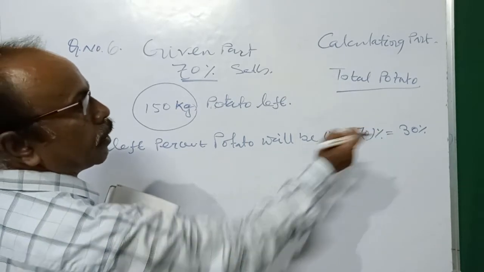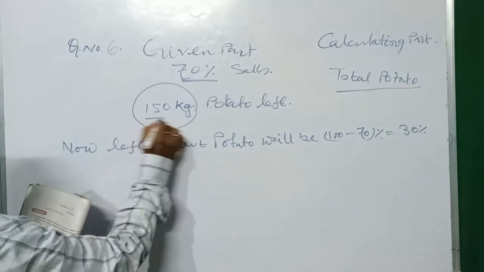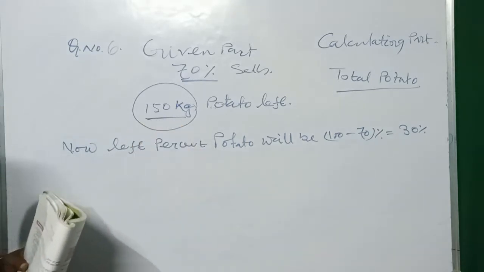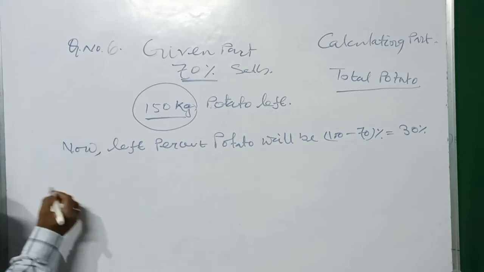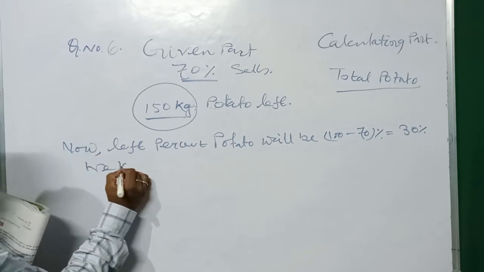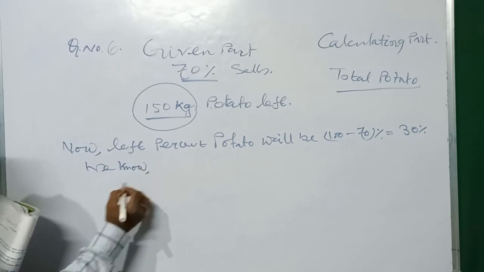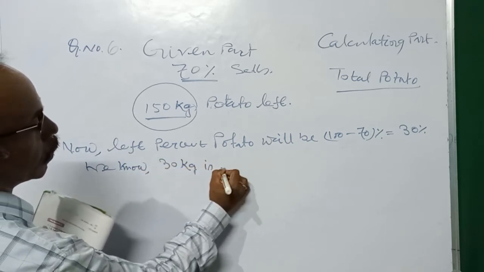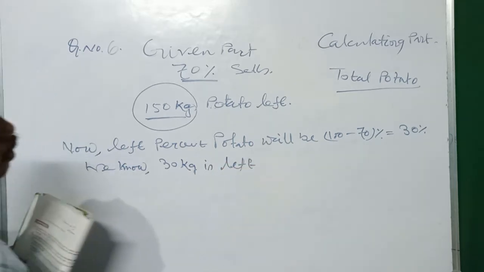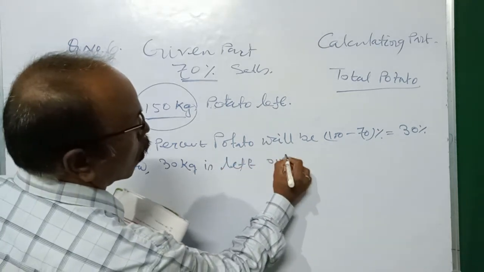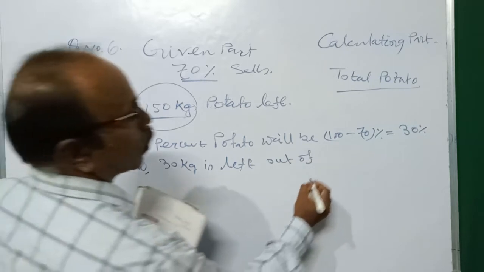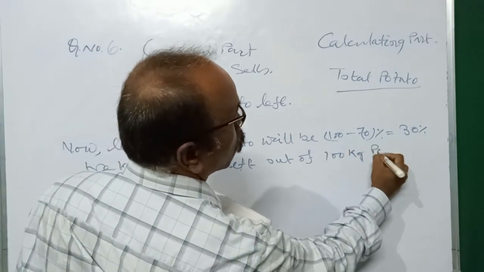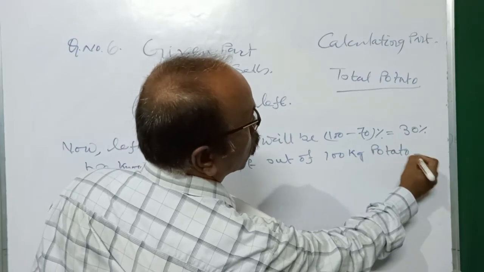Left-over percent of potato is 30, and the left-over weight is given here, 150. Now we know 30 kg is left out of 100 kg potato.